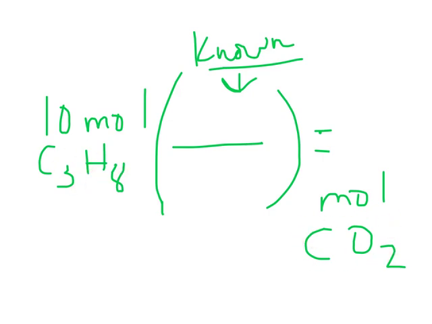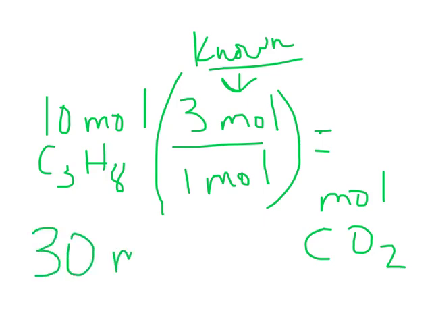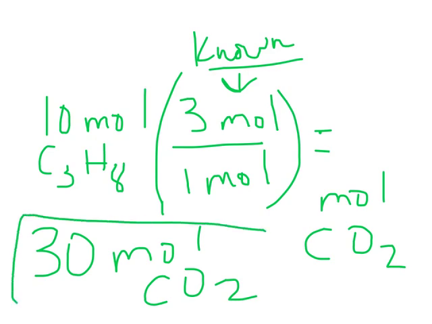If I want carbon dioxide on top, I have to put it on top. So 3 moles of carbon dioxide and 1 mole of propane is my relationship, so it's just an easy 10 times 3, so I should be able to produce 30 moles of CO2. That's my answer. You want to state the compound at the end always with your answer.